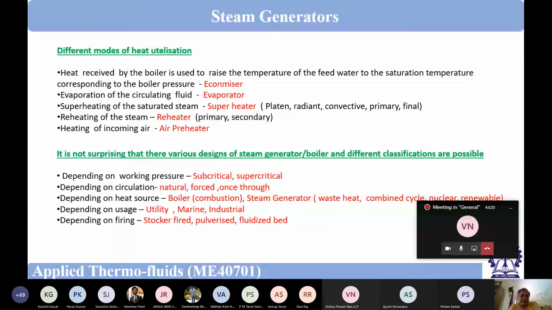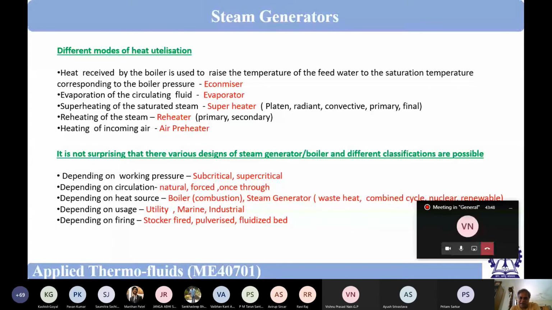Then I have written, it is not surprising that there are various designs of steam generating boilers and different classifications are possible. Depending on working pressure, we can have subcritical and supercritical boilers. Depending on circulation, we have natural and forced circulation. Depending on heat source, we can have a boiler where combustion is taking place, or a steam generator. In the steam generator, waste heat can be used for generating steam.